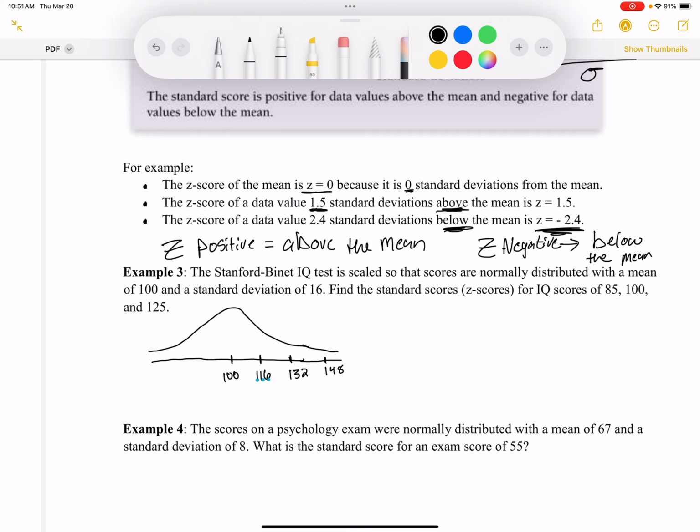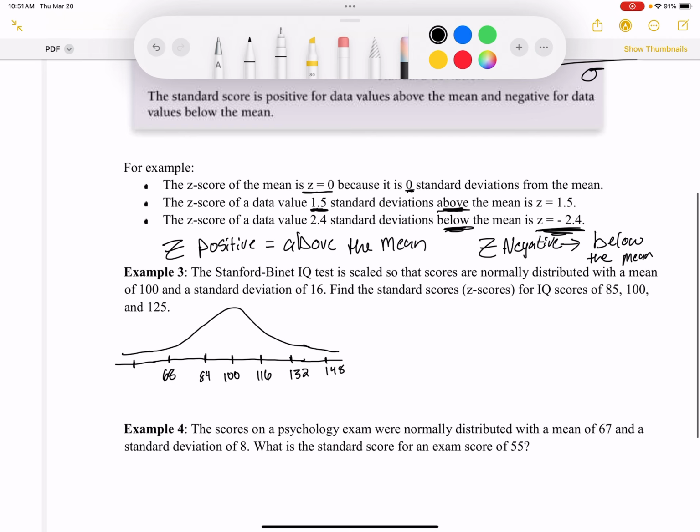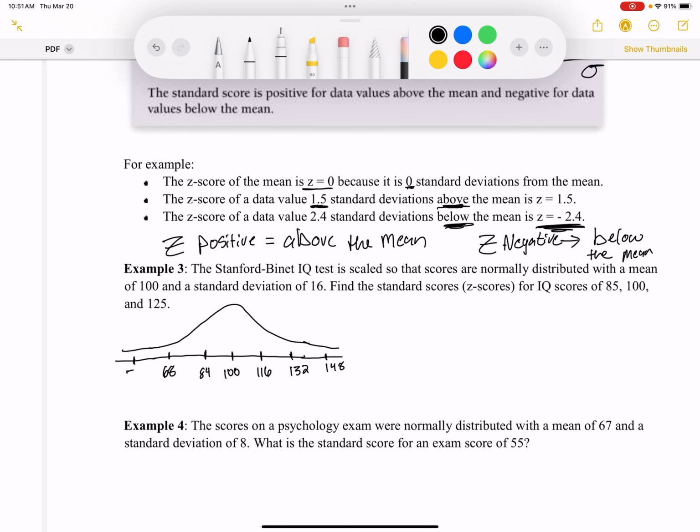Now let me go 3 below. So 100 minus 16, we get 84. Then minus 16 again, 84 minus 16 gives us 68. And then again, we get 52.